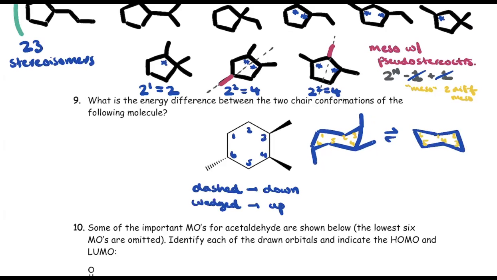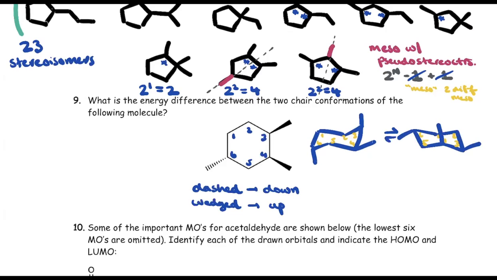Okay, so for number 3, 3 was axial here, so now it's going to be equatorial here. 4 was equatorial, now it's going to be axial. 6 was axial, now it's going to be equatorial. Now you want to find out how many 1,3 diaxial and how many gauche interactions you're going to have.